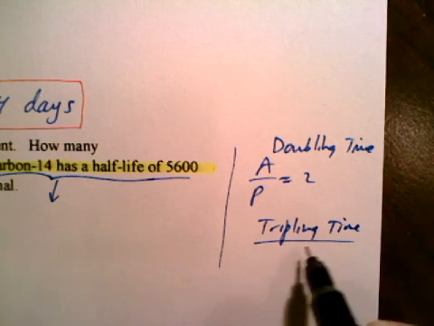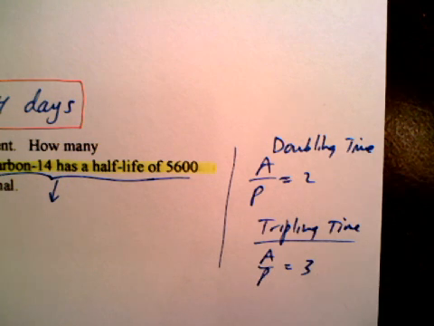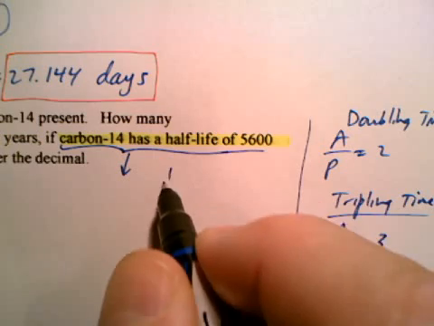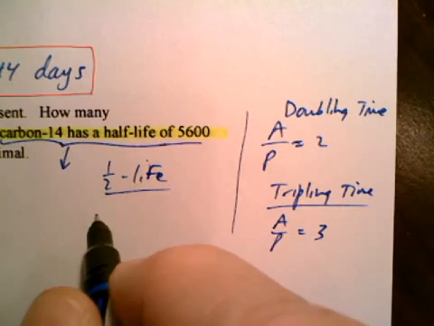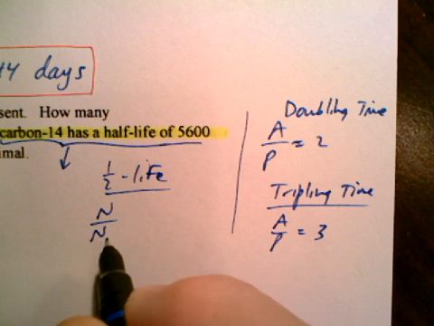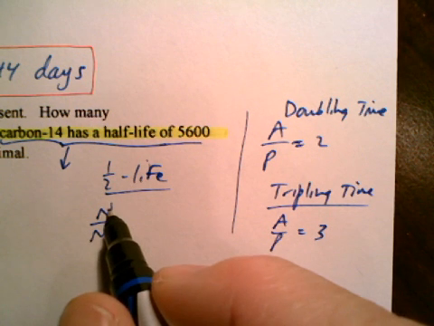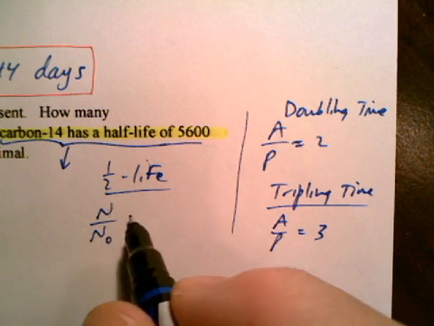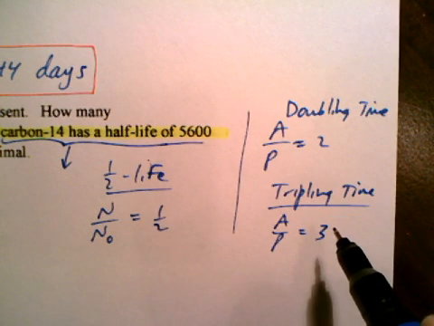I mentioned that we're going to be doing something like half-life in the next section. Well, here we are, half-life. Half-life would mean that the ratio of n to n sub 0, so you start with n sub 0 and then you end up with half of what you started with, so n over n sub 0 is 1/2.